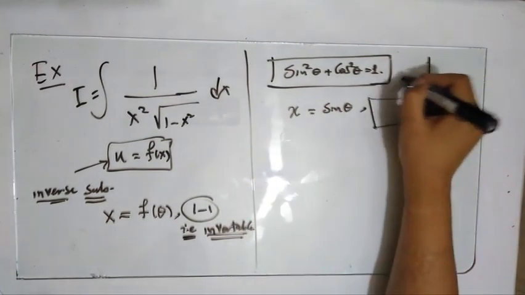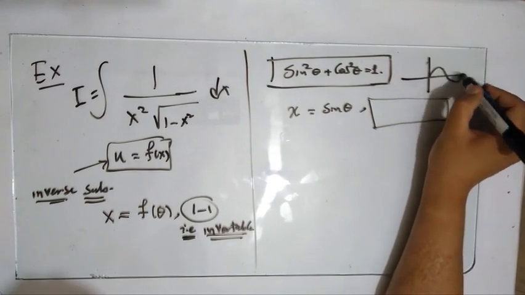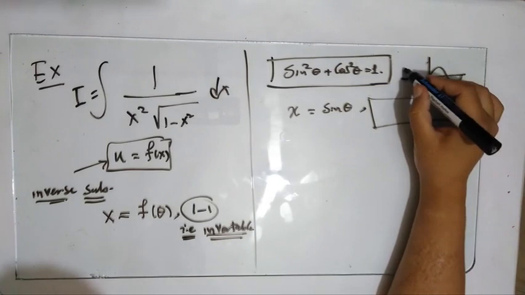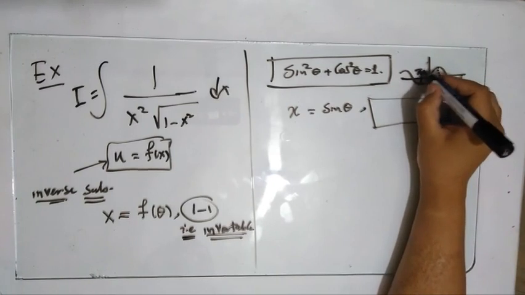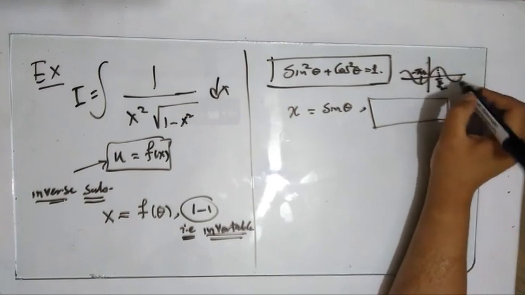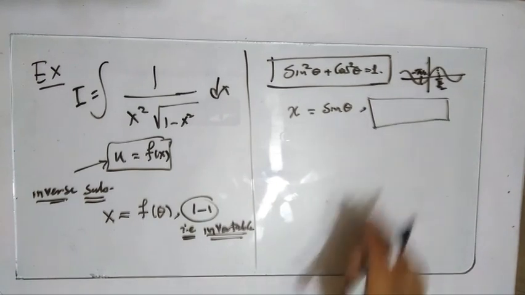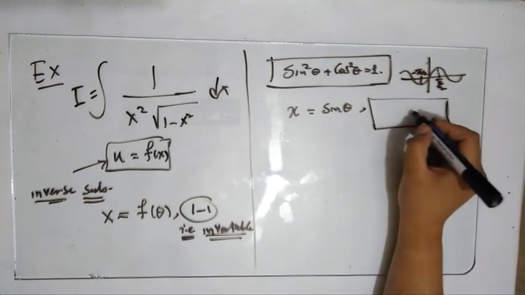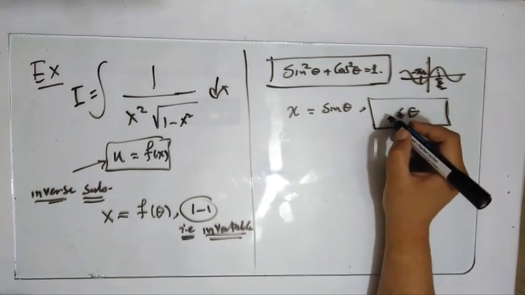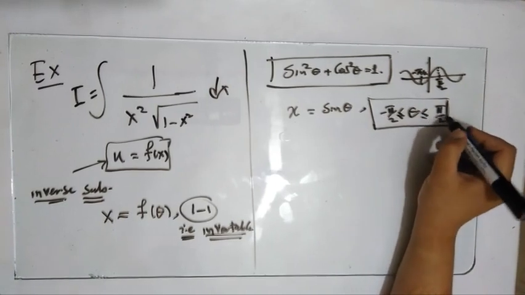So if you graph this function, the sine, we know the sine function is not invertible. But if we restrict ourselves to this region, which is from negative pi over 2 to pi over 2, our function will be a one-to-one function, and it will be invertible. So we will put this restriction: theta will be from negative pi over 2 to pi over 2.